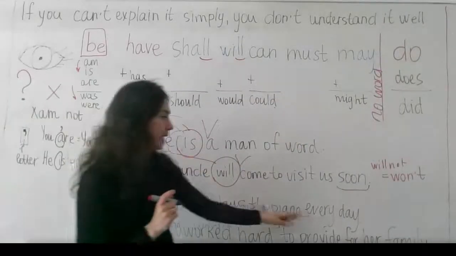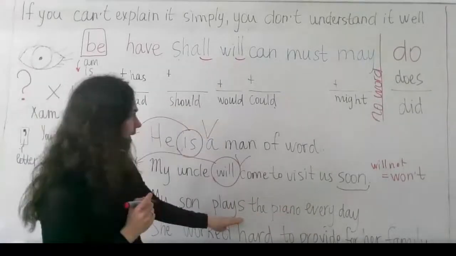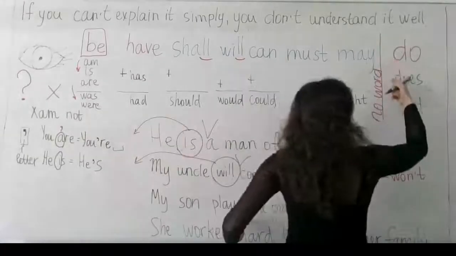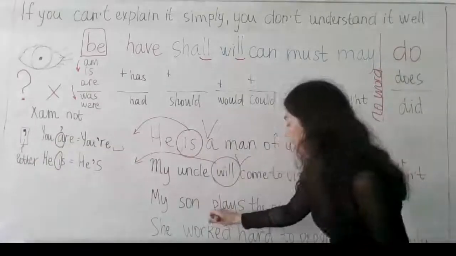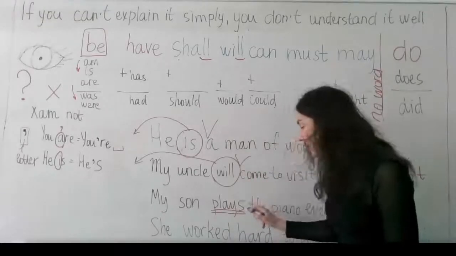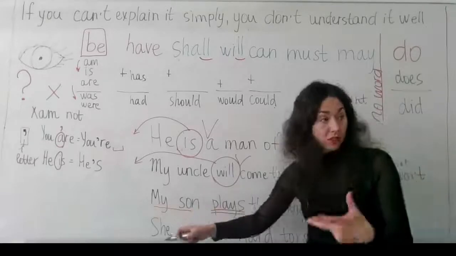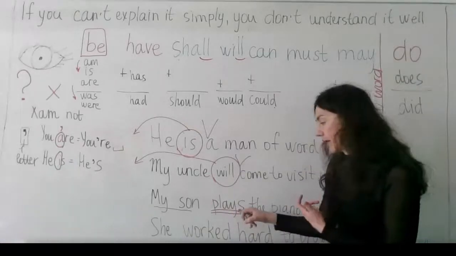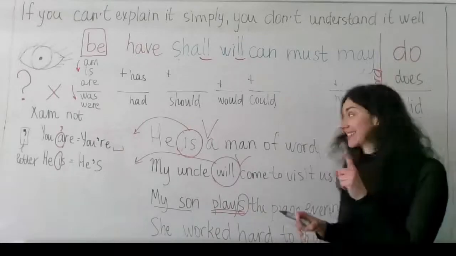My son plays the piano every day. Do you have any of these forms in this sentence? No. No word, so we have to use do, does, did. Let's see what we can use. To find the auxiliary verb, we have to pay attention to the verb form. My son is the subject, so the sentence is about him. Plays, he does that action. Pay attention to the ending. You have s.